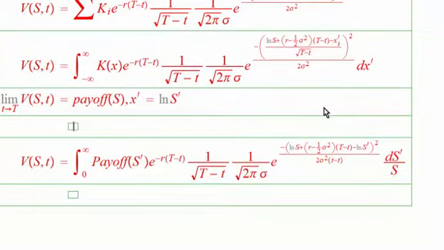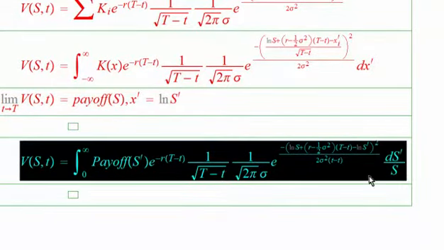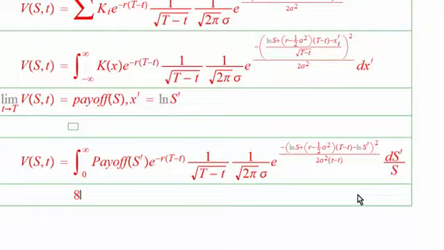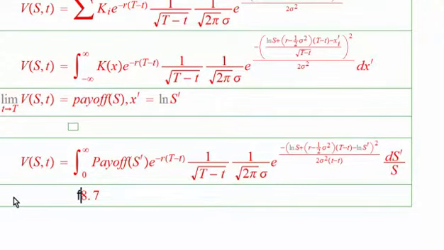All right, we're at the stage where we're about to say, so what's going on here? We're done, actually. This is the formula. Formula 8.7 in the text. All I have to do is put in the actual payoff as a function of s prime and integrate this from 0 to infinity. Okay, that's easier said than done.